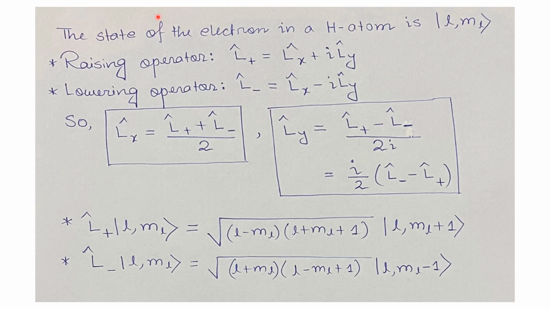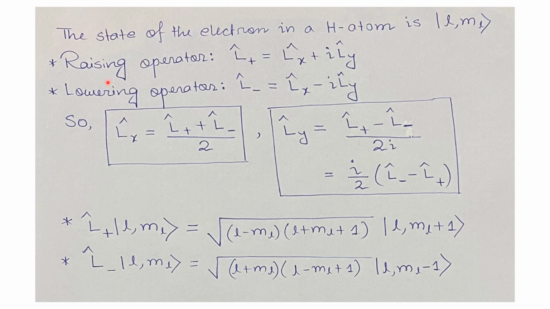Before going to the main solution part, we will be discussing some mathematical formulation of operators which will be useful in our solution part. The state of the electron in the hydrogen atom is |l, ml>. Basically this state is an orbital angular momentum state.